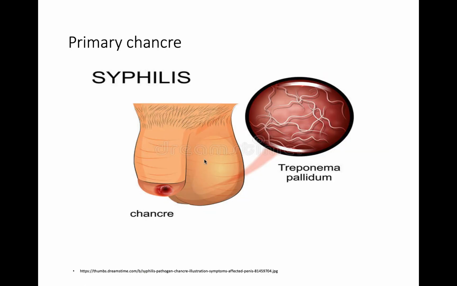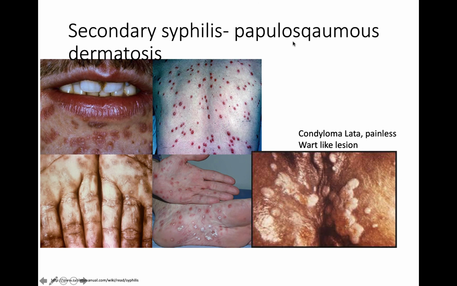Primary syphilis. The chancre is at the site of infection, usually the penis. So that is one skin change that you can see where treponemas will grow. Secondary syphilis, papillosquamous dermatosis all over the skin, and then condyloma lata, which are painless wart-like lesions around the anal region.